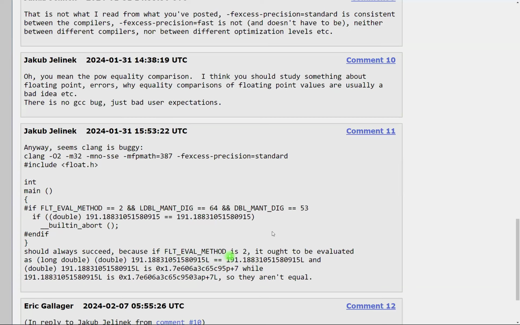I actually don't know what this switch does, what this macro means. Yeah, it's weird. I can actually look into this, but no idea.